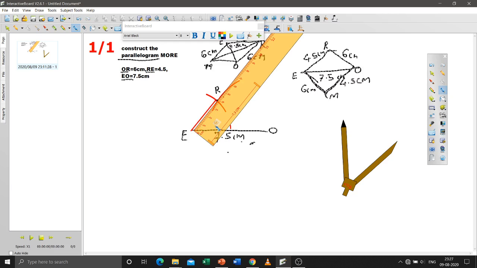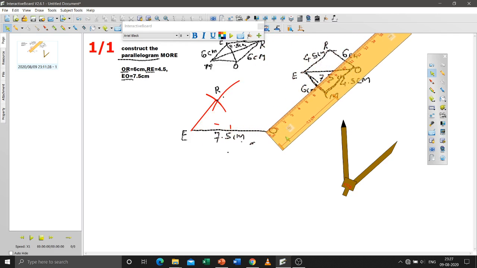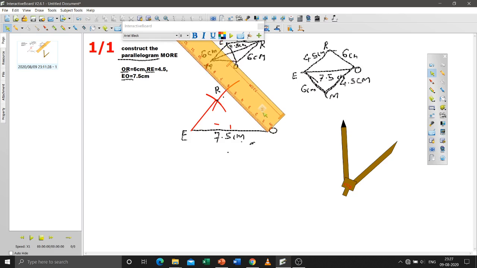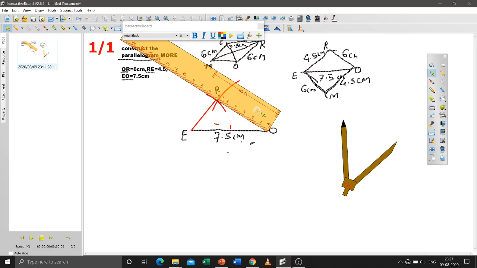Now, again, we want to join O and R. You can see how we have to adjust our scale to join O and R.